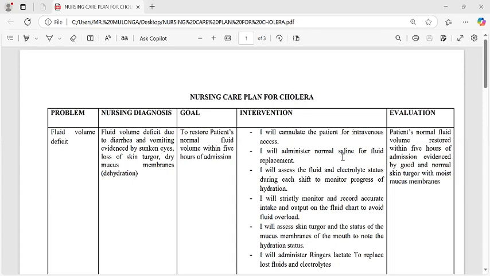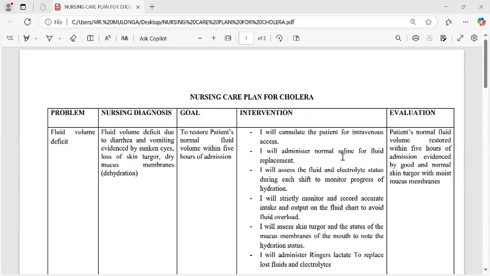Number 3, I will assess the fluid and electrolyte status during each shift to monitor progress of hydration. Number 4, I will strictly monitor and record accurate intake and output on the fluid balance chart to avoid fluid overload.